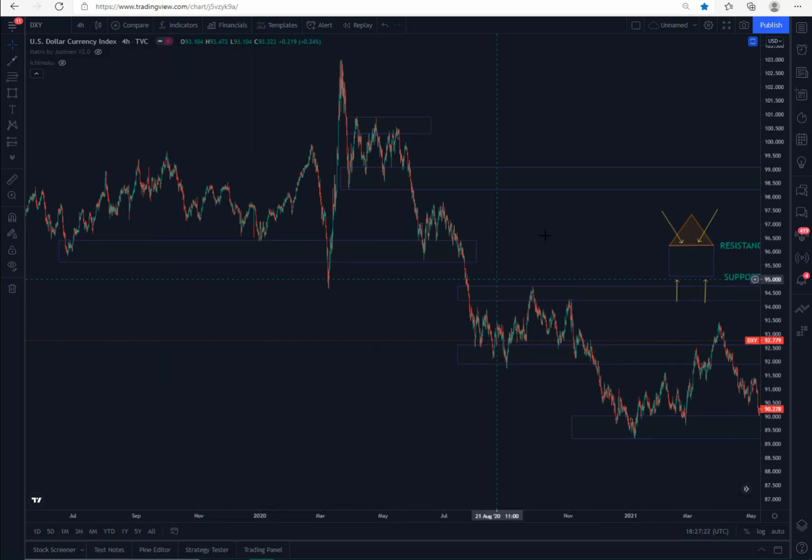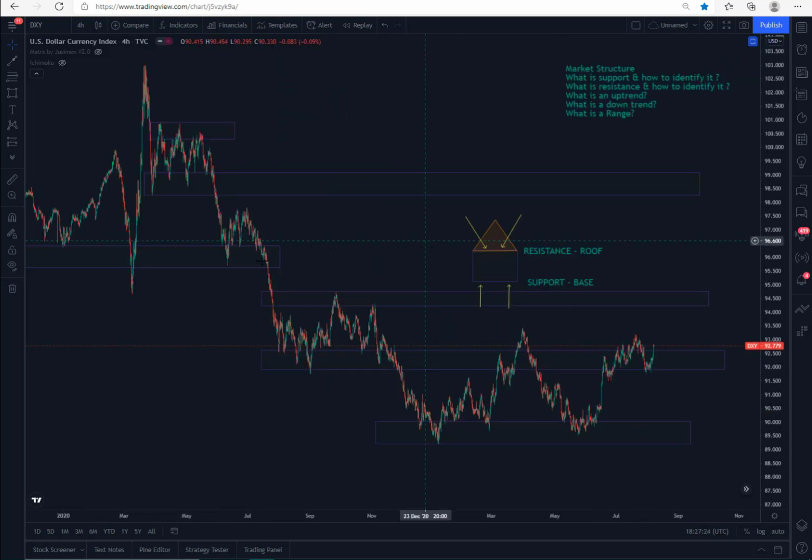So price broke this support here, created a new support, which is this area over here, bounced back up here, created this new resistance. And if I zoom out and go to the past, you can see this was an area of support before.